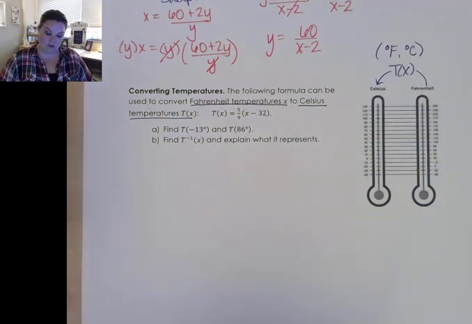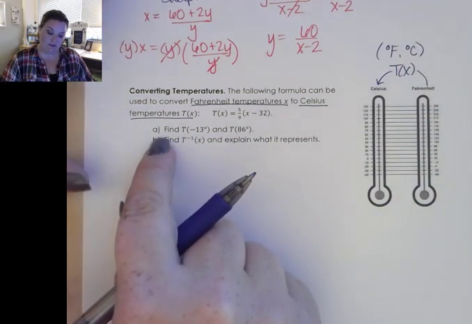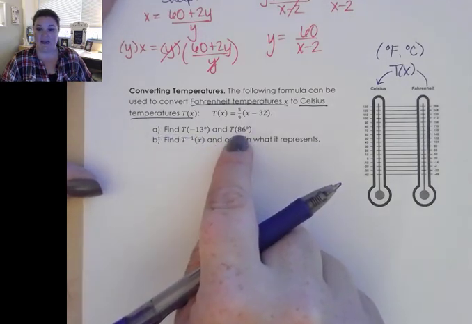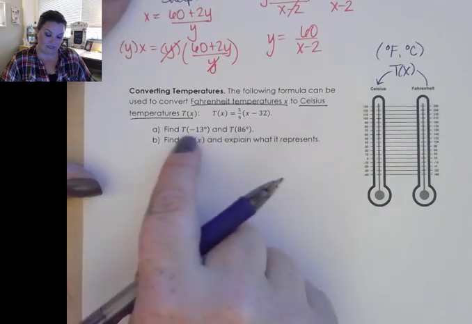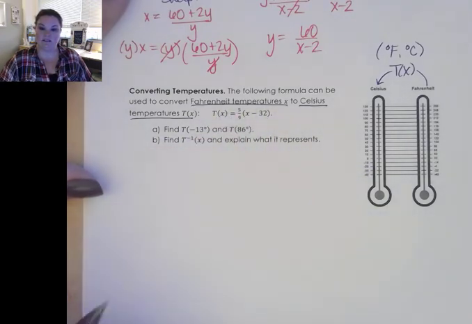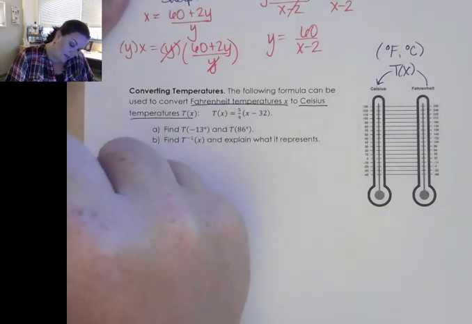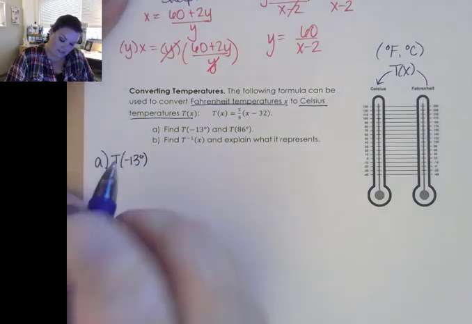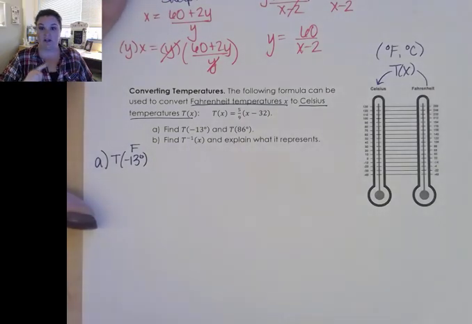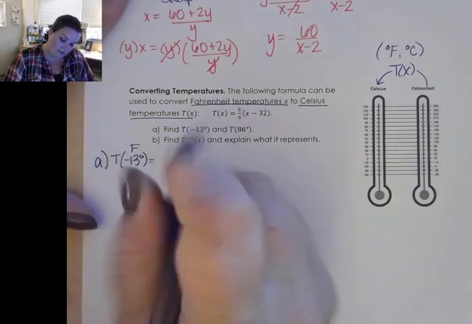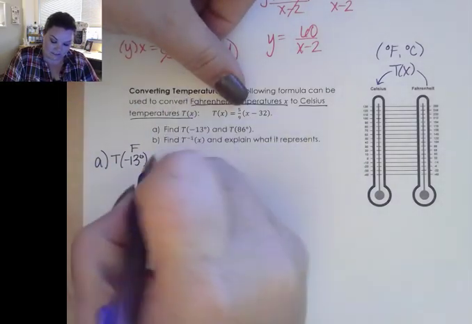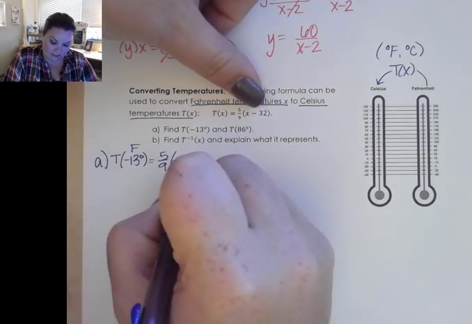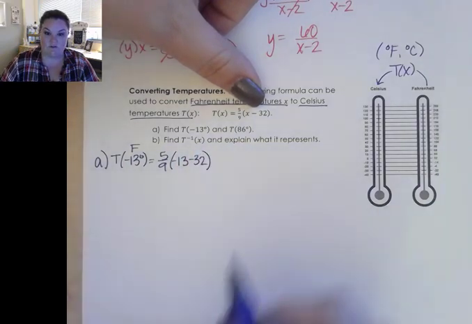Let's see what part A wants us to do. It wants us to find T evaluated at negative 13 and T evaluated at 86. That just means we're taking those numbers and plugging them into this function. So for part A, we're going to evaluate T of negative 13 degrees. Again, this is Fahrenheit, and we're trying to convert it to Celsius. When I plug it in, my function says to do 5/9 times my input, which is negative 13, minus 32.